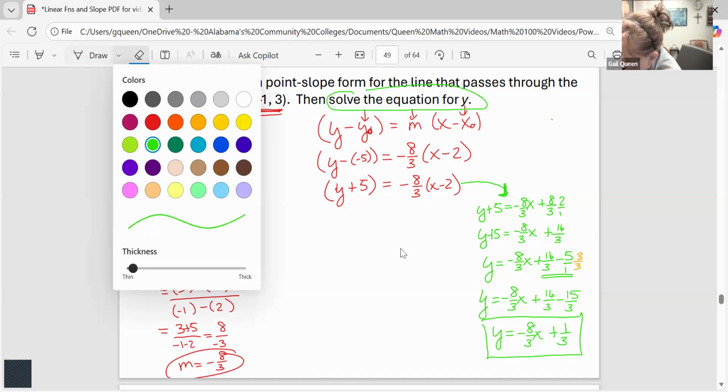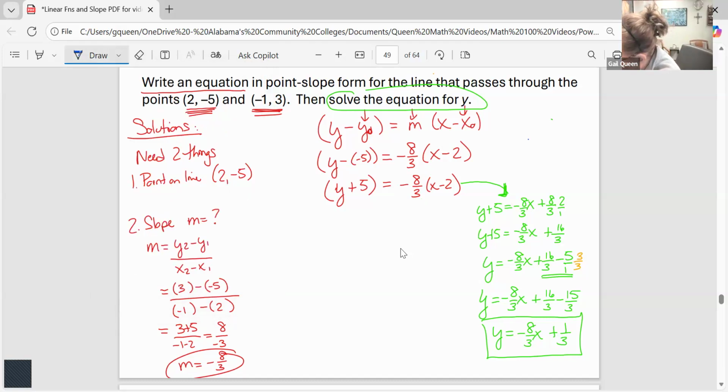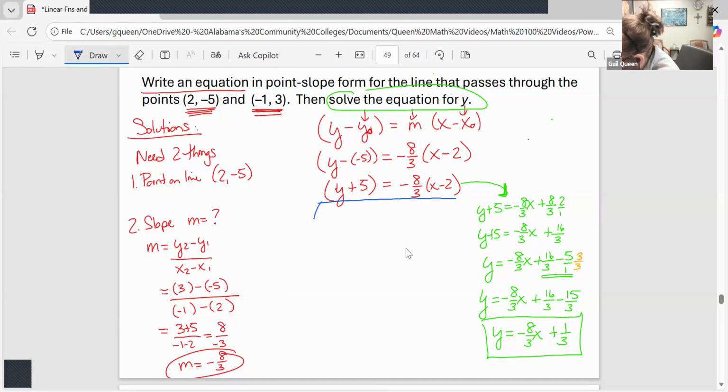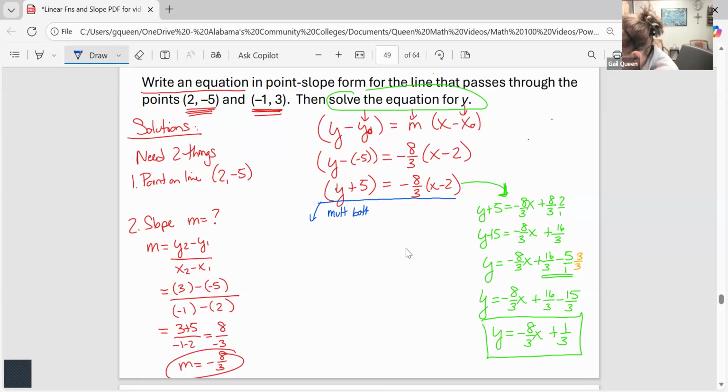All right, so let me change over to blue or something to distinguish. So we're going to start right here in our work. And instead of brute forcing it like we did over here in green, we're going to come down here and do it a different way. And what I'm going to do is say I don't like fractions. So we are going to multiply both sides of the equation by the only denominator in our problem.